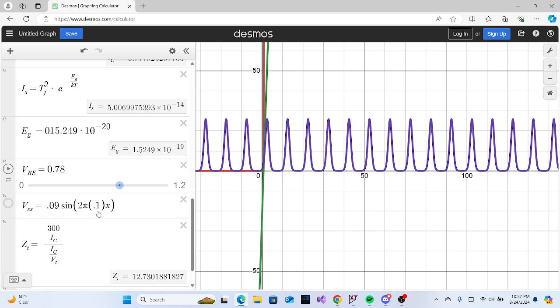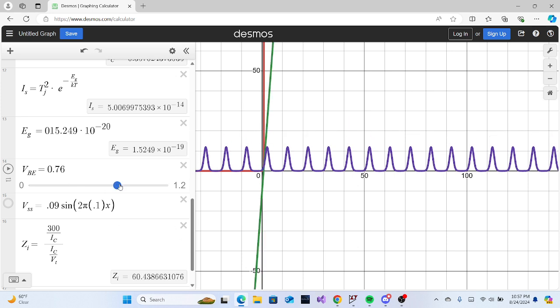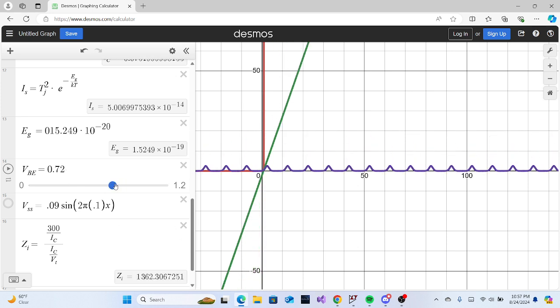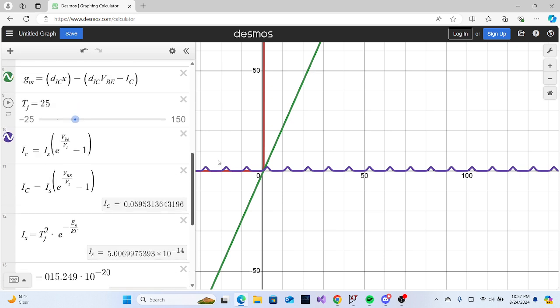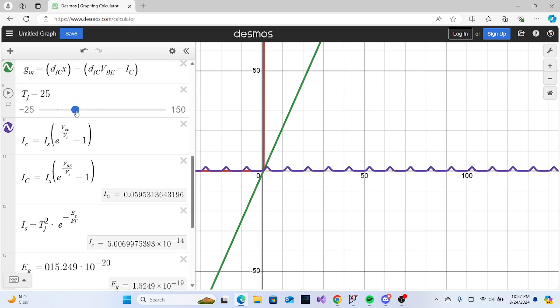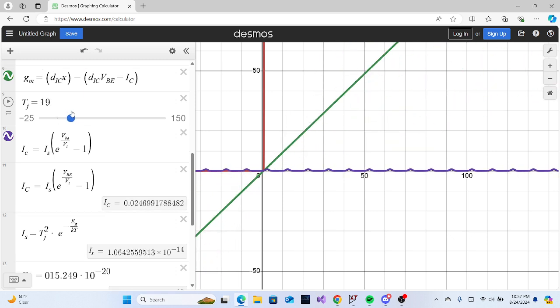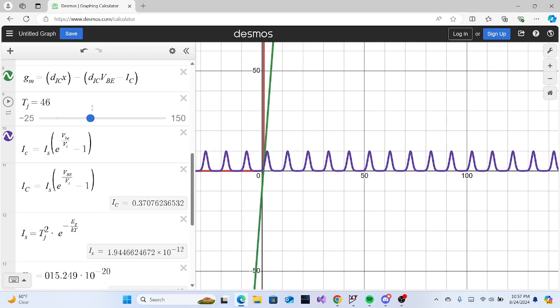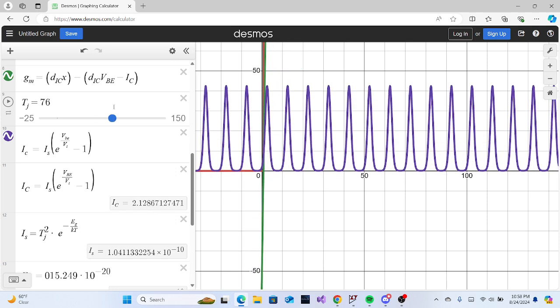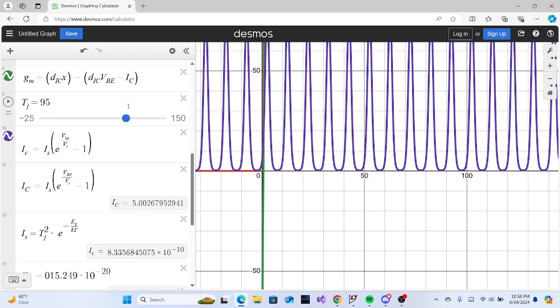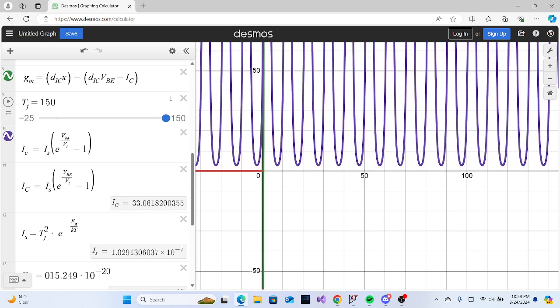Let's see what we can do. 0.7 is generally what you would want to aim for. We're still at room temperature. Let's see what happens if we pulled the temperature down. It would conduct less. If we heated it up, it would conduct more. But you don't want to run a transistor hot, they won't last.